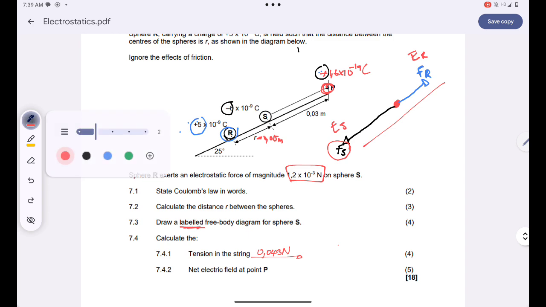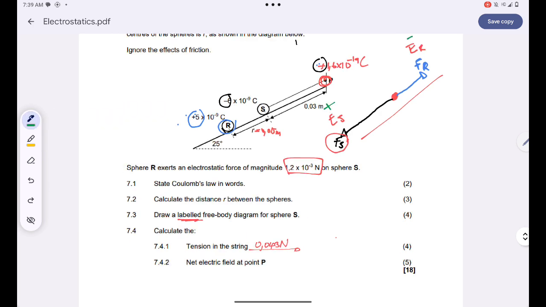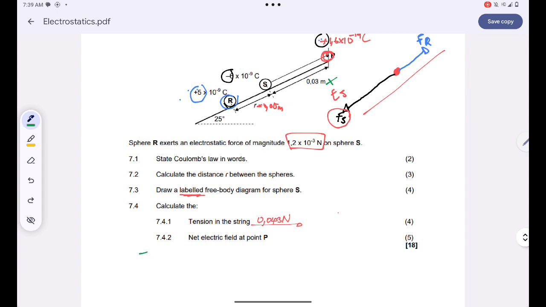Down the incline is positive. That means up the incline will be negative. So the net electric field is just equal to the electric field due to charge S minus the electric field due to charge R.